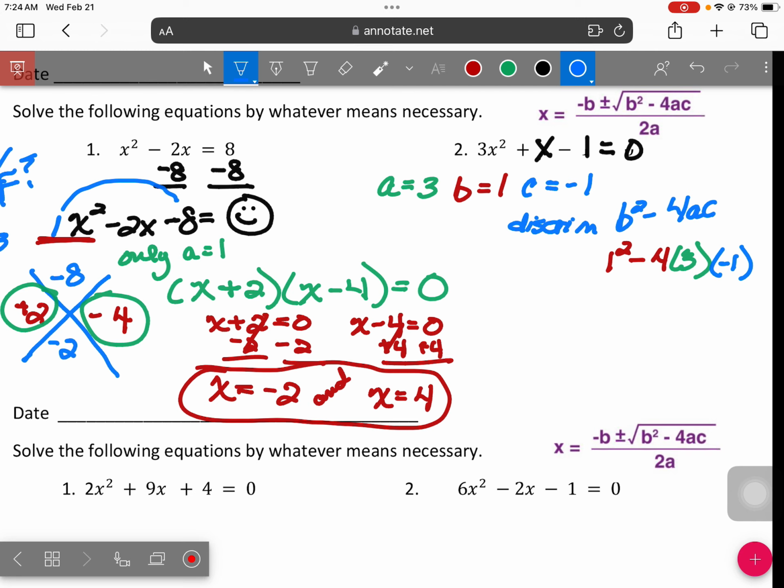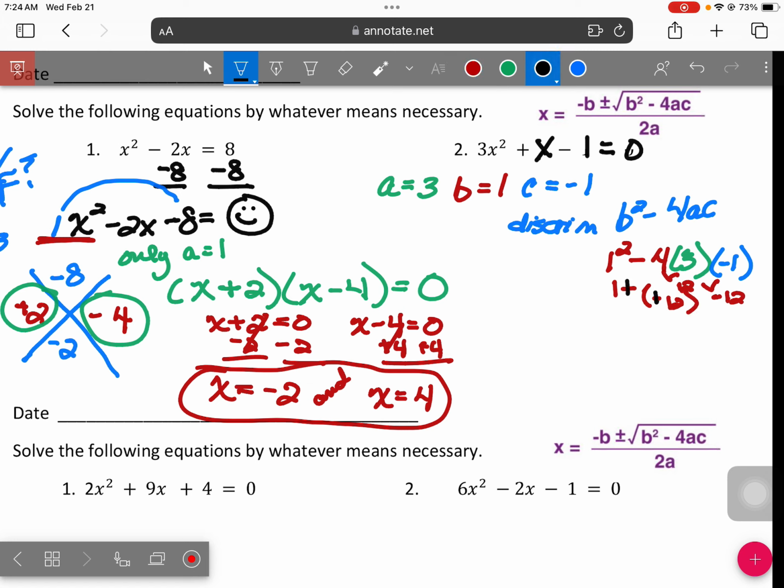So b squared, 1 squared minus 4 times a times c. So 1 squared is 1 minus 4 times 3 is 12, and 12 times -1 is -12. So I'm taking 1 minus a -12.